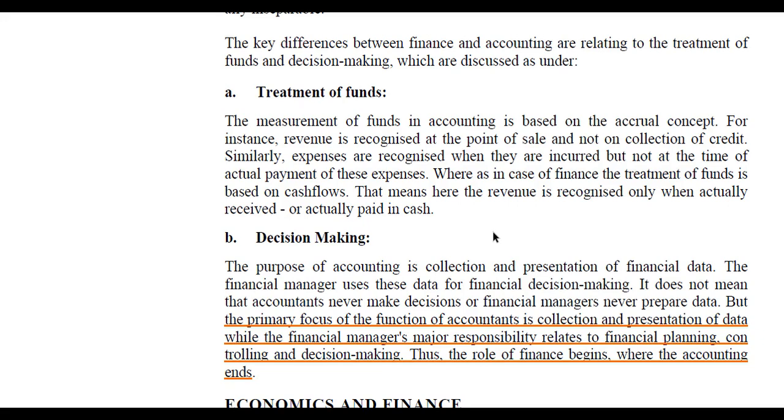Accounting normally uses the accrual basis. What is that? The measurement of funds in accounting is based on the accrual concept. Accrual concept means that though the money is not received, when the action takes place, it is recorded. Suppose a company has sold an item to a vendor or to a customer who did not pay the amount to the company.